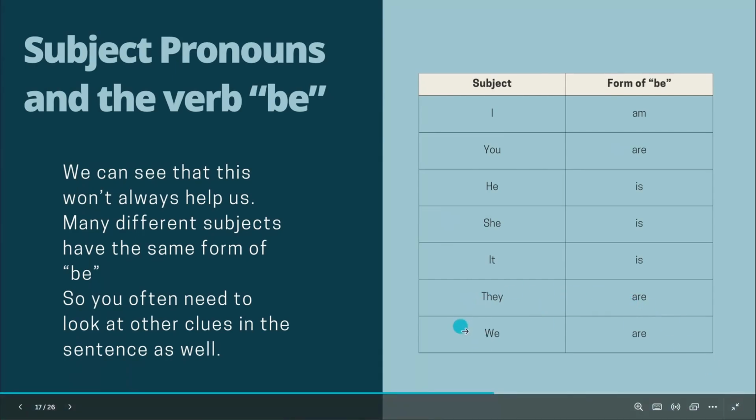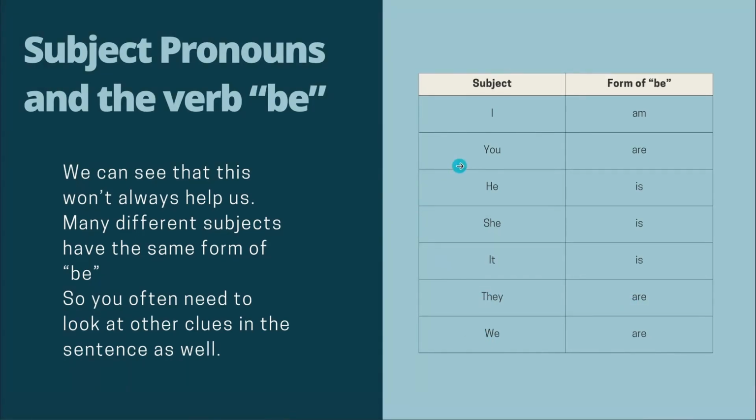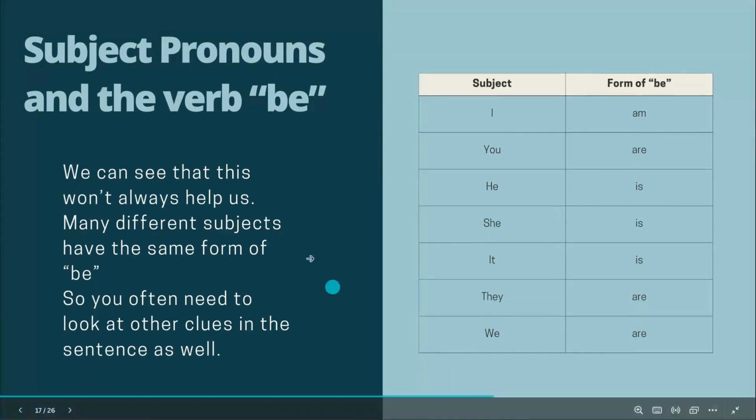So it doesn't exactly tell us all the time. Same thing with the form of be is. We can use he, she, or it. So it can be a little bit more difficult sometimes to figure out the subject by only looking at the form of be, especially when it's is or are, because that can be used with many different subjects.